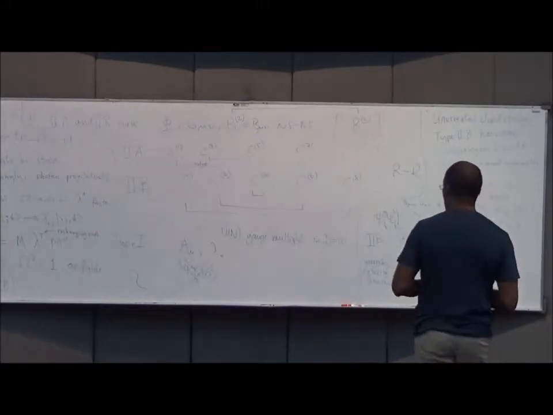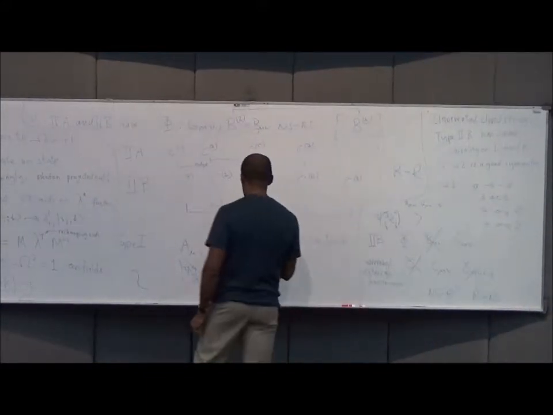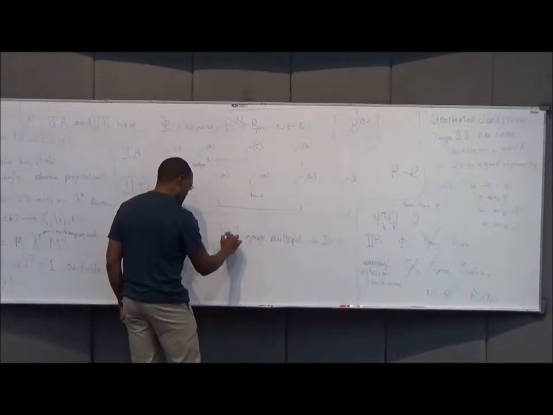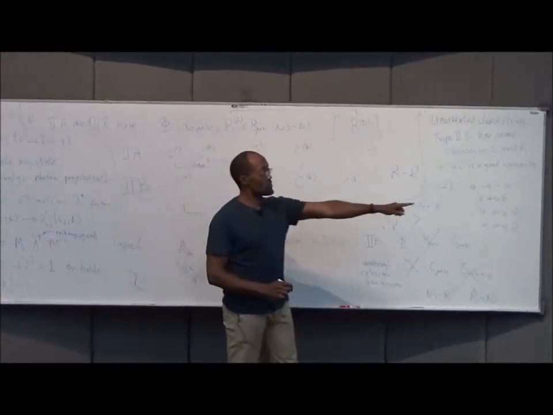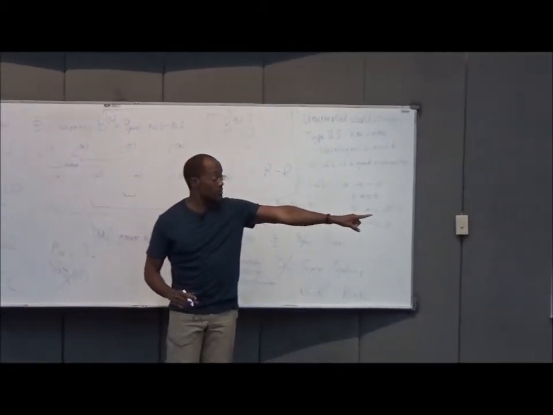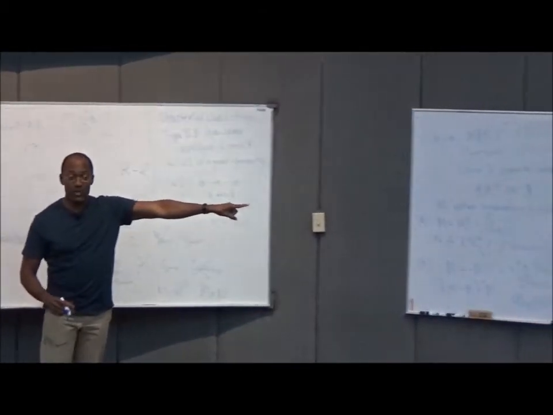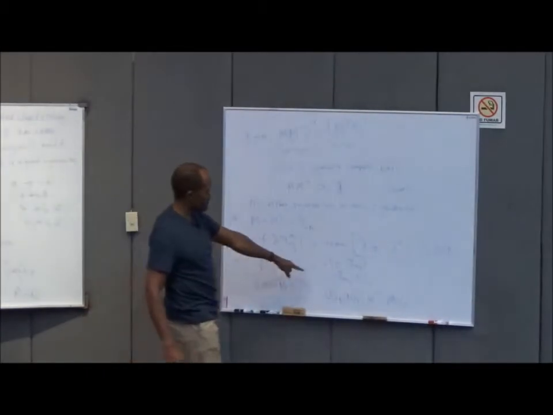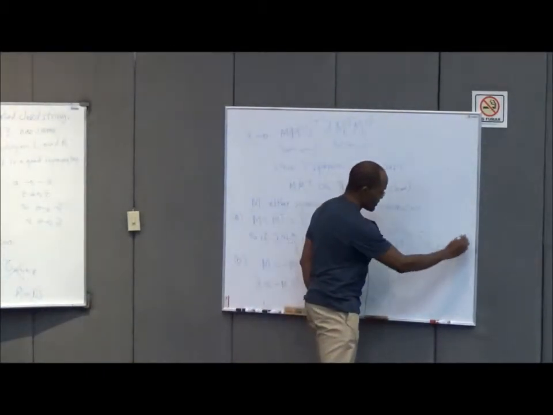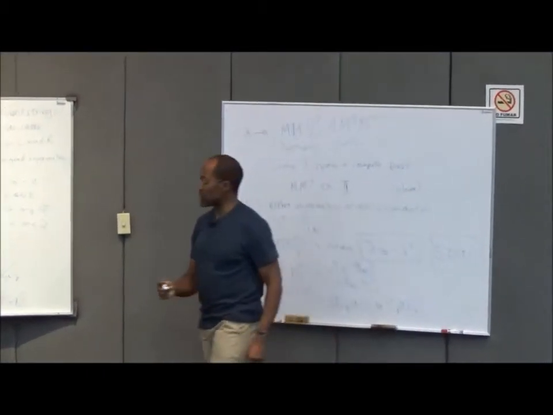It'll give you a consistent theory only if the gauge group is something appropriate to an unoriented string theory, and if that gauge group is SO(32). So it picks out one of these choices, and it turns out to be this with N equal to 32.